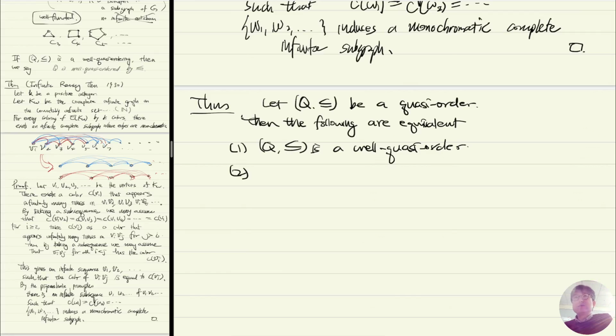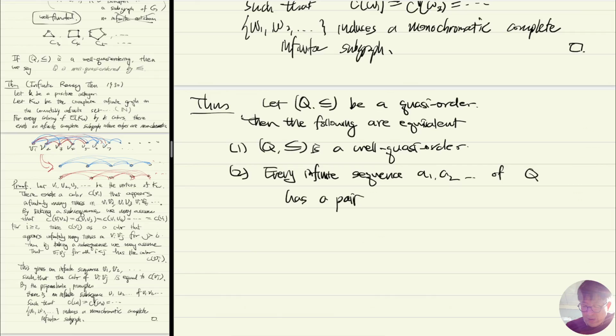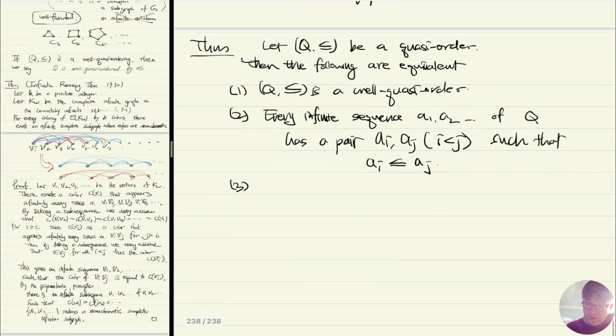Second, every infinite sequence a1, a2, ... of Q has a pair i, j with i less than j such that a_i is less than or equal to a_j.